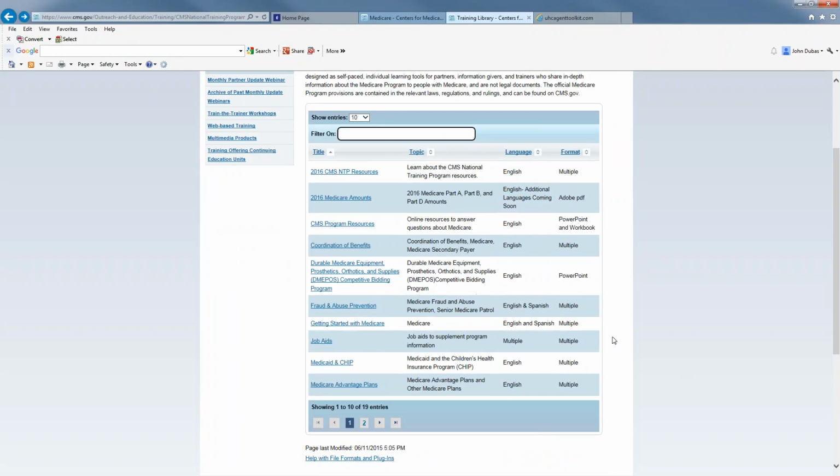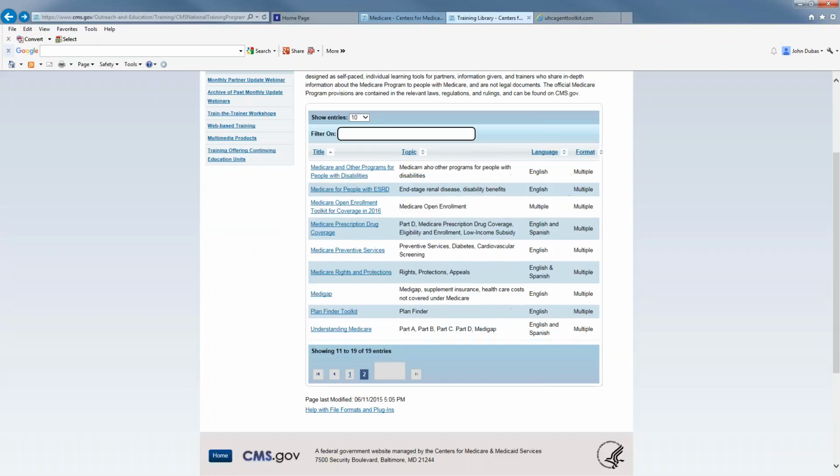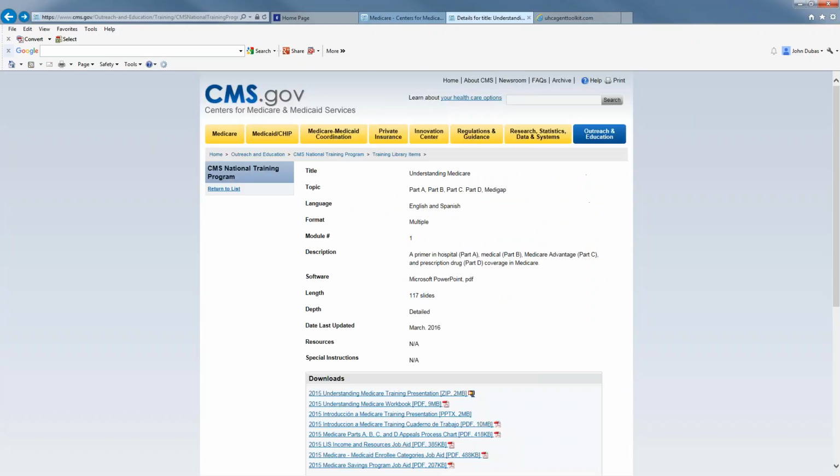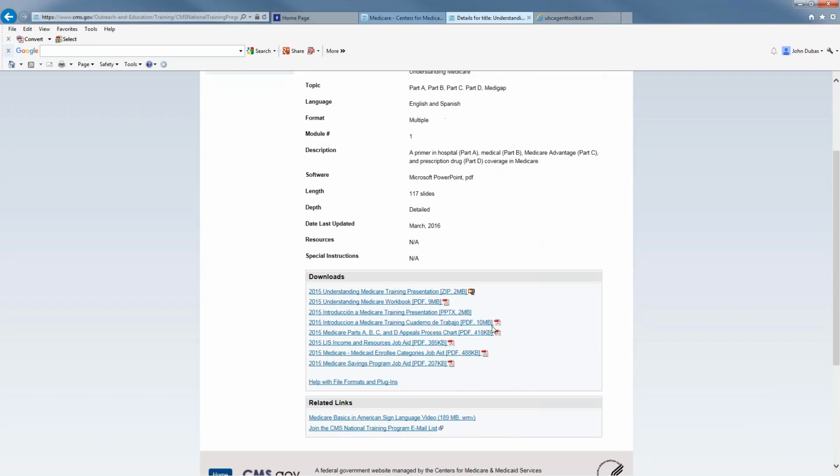You can also go to different pieces that talk about fraud and waste abuse prevention, information about DME, how benefits coordinate, how Medicaid and CHIP affect programs, information on MA plans, information for people who are disabled, when we have to consider, hey, that's about 1/6 of the Medicare market, information on the prescription drug programs, on Medigap programs, and then you have programs that will help you with the basics of understanding Medicare.